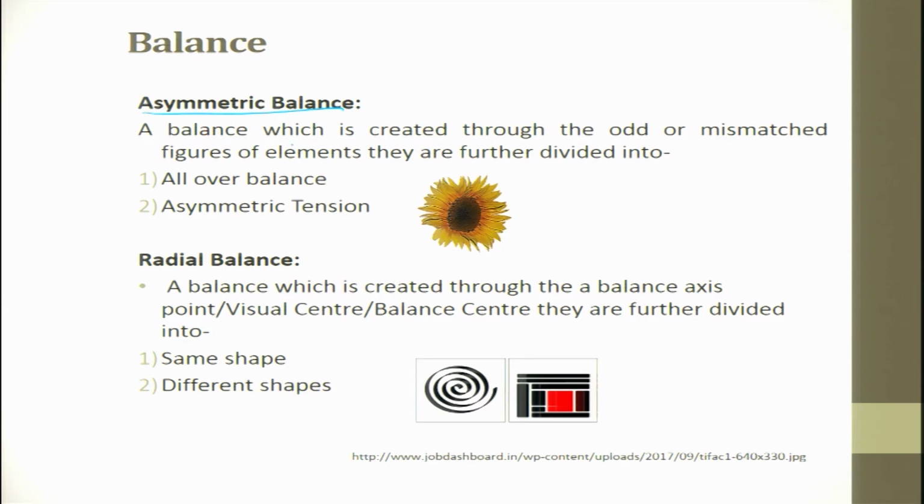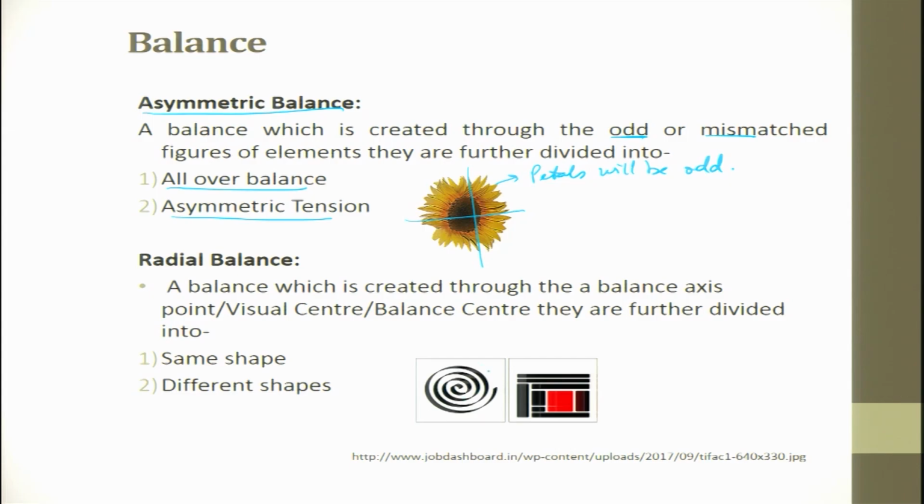Asymmetrical balance is created through odd or mismatched figures of elements, and is further divided into all-over balance and asymmetric tension. So, here if you see, the number of petals will be odd, or there is a mismatch, but overall it will try to have a symmetry and it will try to balance. Radial is something which goes spirally out and out and out.